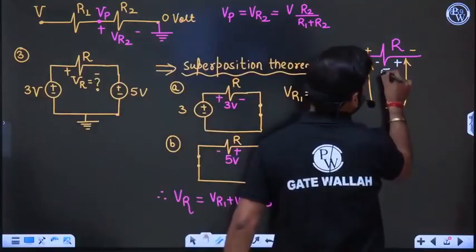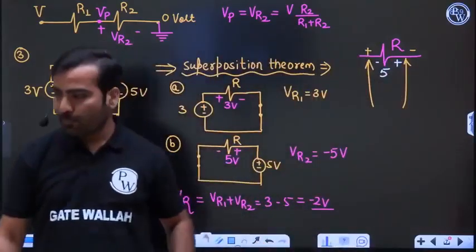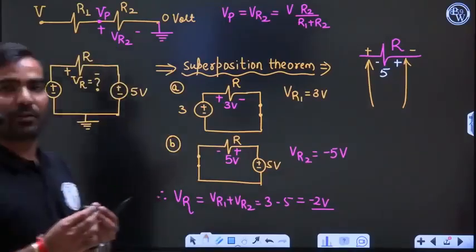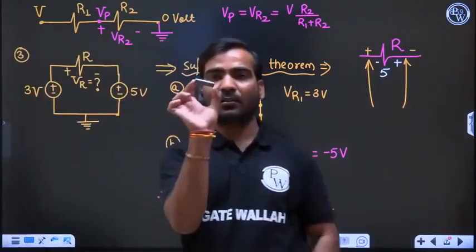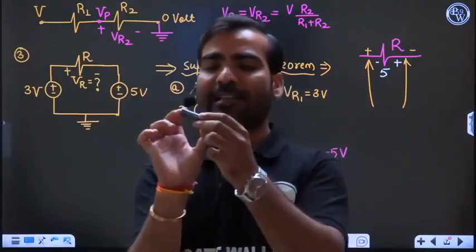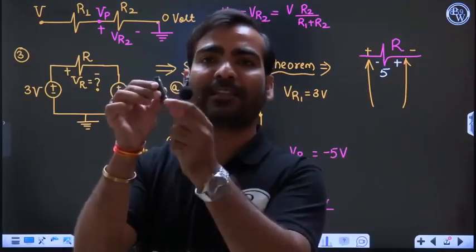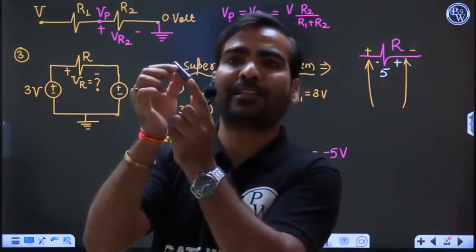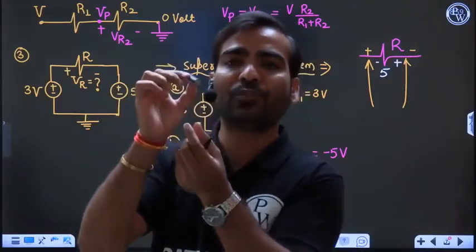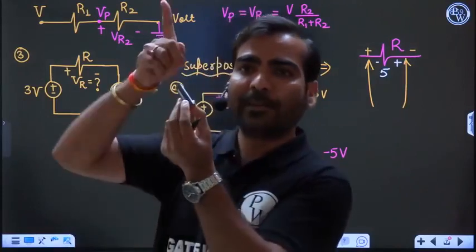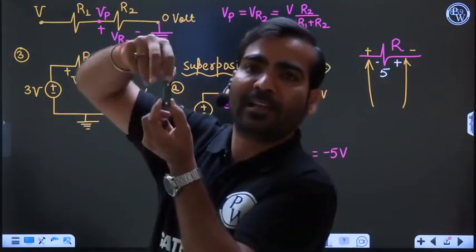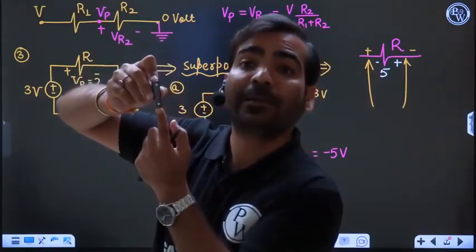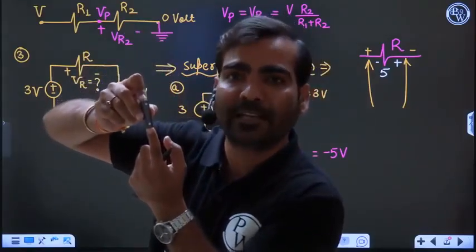So now what is the reading of the multimeter? Suppose you are having a battery. It has this plus sign, this is minus sign. What is the meaning of this? This side potential is high, this side potential is low. If I connect the multimeter positive pin over here and negative pin over here, the multimeter will give you a positive quantity in the reading.